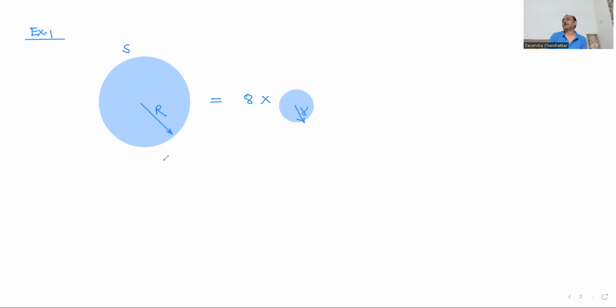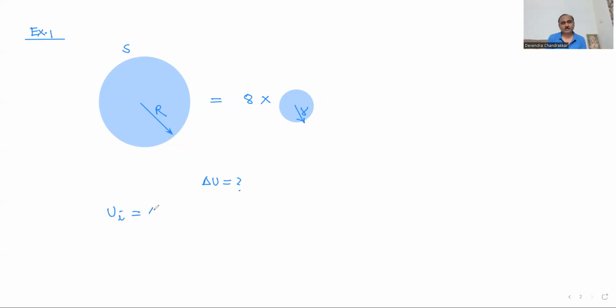Now it asks, what is the change in surface energy in breaking a drop of radius R into 8 droplets of equal radii r? First of all, we will find the initial surface energy.